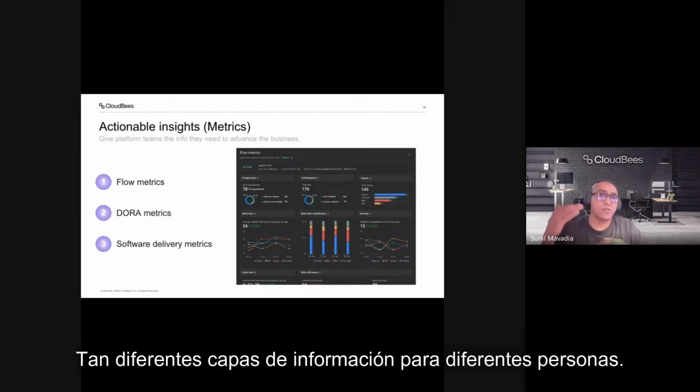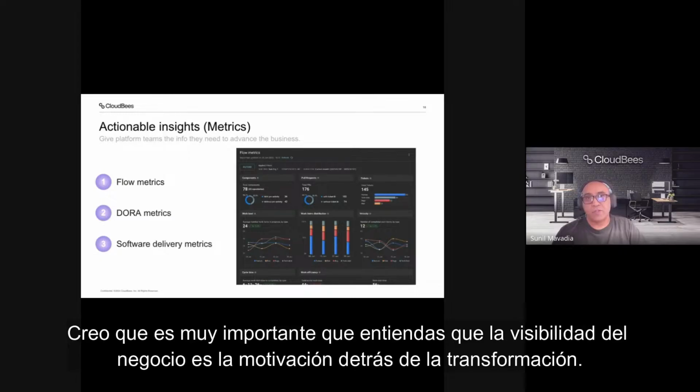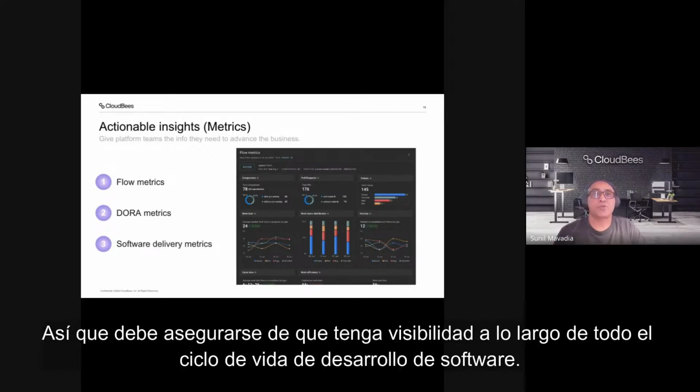So different layers of information for different people. And I think it's ultimately important that you understand that business visibility is what gives the drive behind the transformation. So you have to make sure that you have visibility across your entire software development lifecycle.